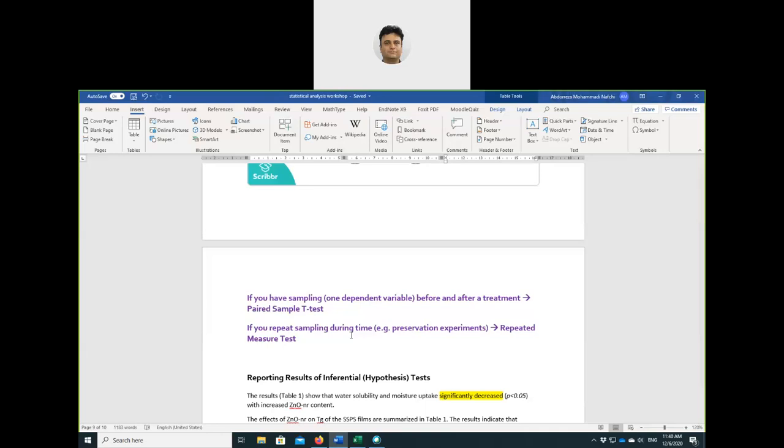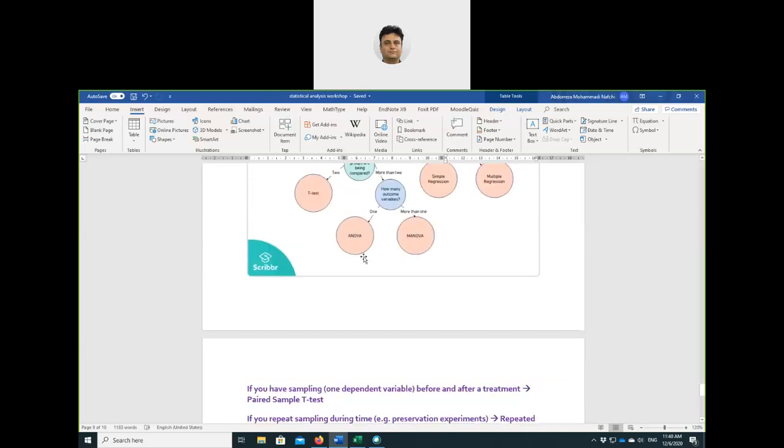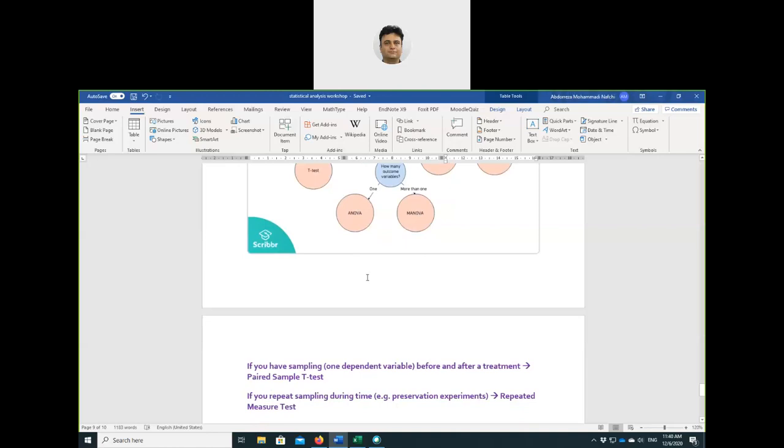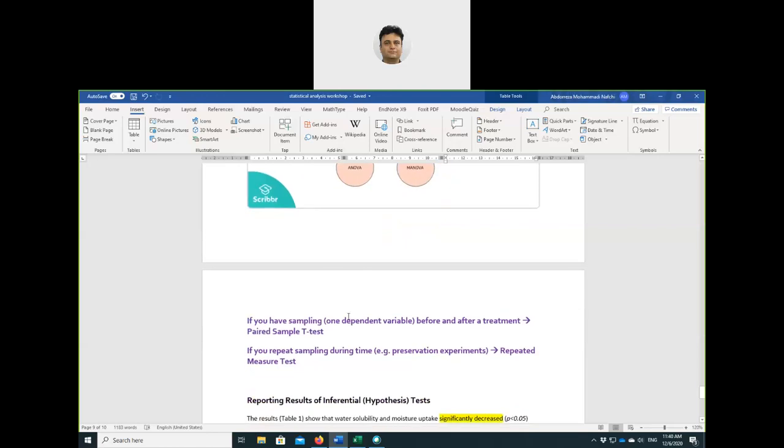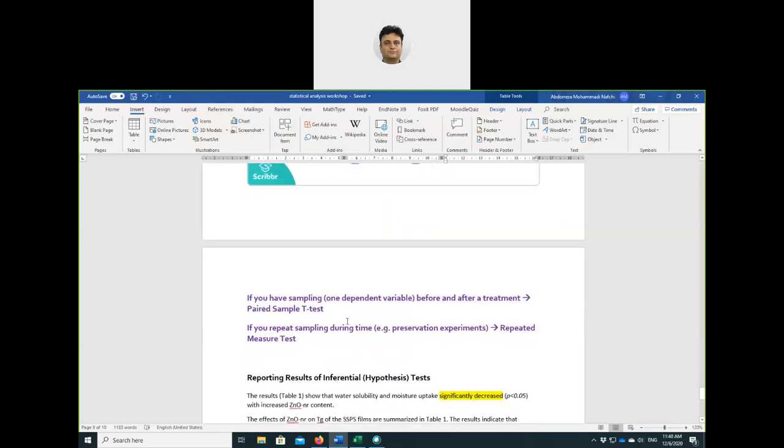We have different types of ANOVA here, sometimes univariate or others. Some people sometimes get confused and use ANOVA for repeated instead of repeated measures. But if one of your independent variables is time, meaning you are measuring over time, you need to use the repeated measures test.